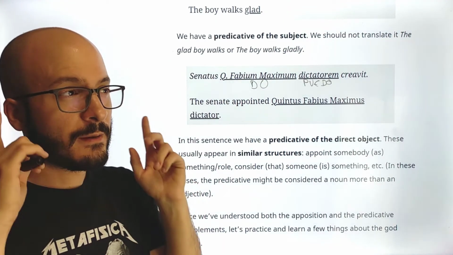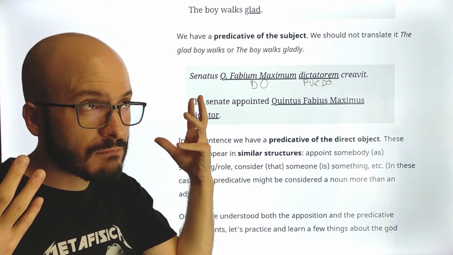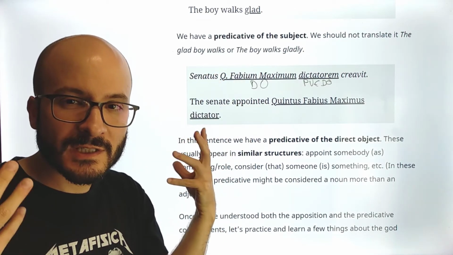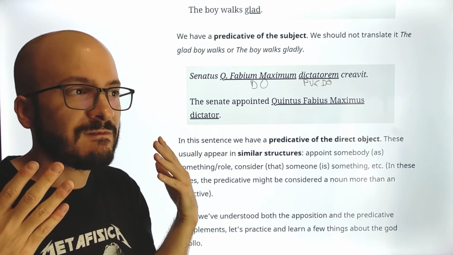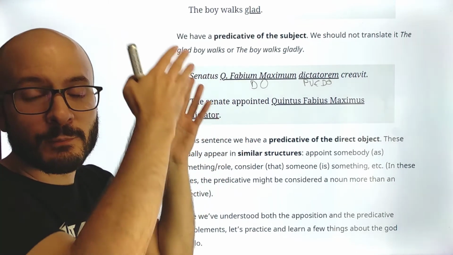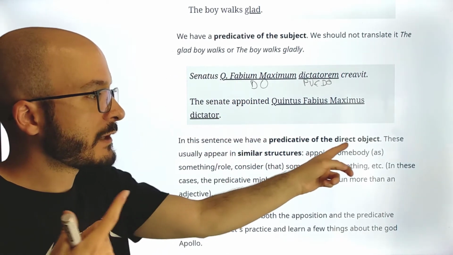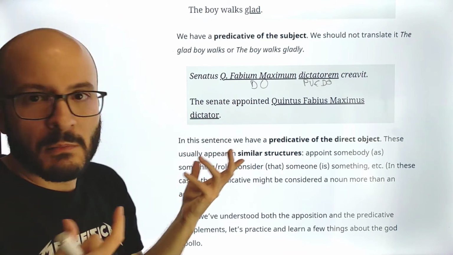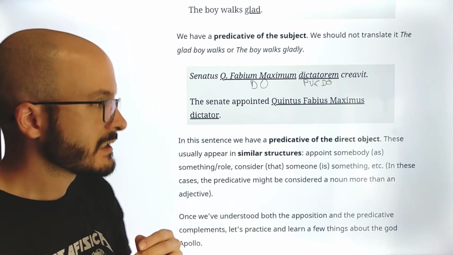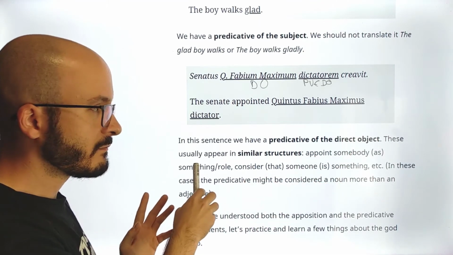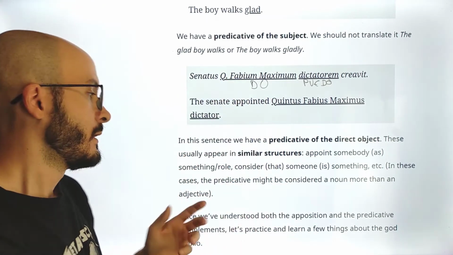And now, be careful because the predicative of the subject is quite easy to understand and to spot. But for some reason, people have problems identifying the predicative of the direct object. The predicative of the direct object most of the time appears in similar structures, such as appoint somebody something, or somebody as something, or as some role.